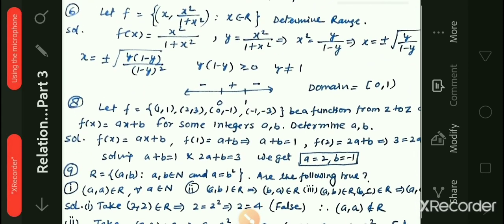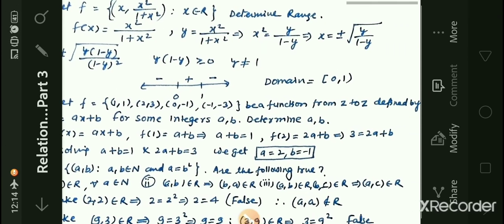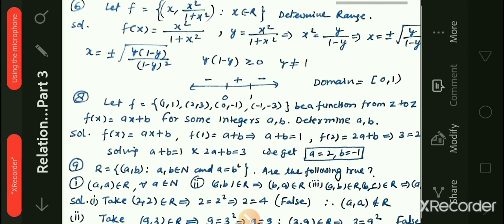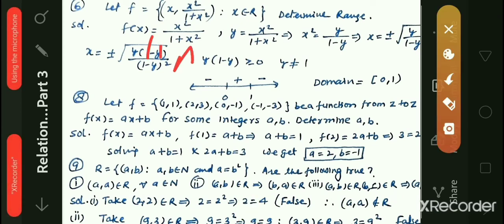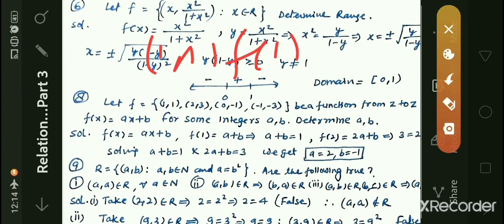Now move to question number 8. Here f is equal to {(1,1), (2,3), (0,-1), (-1,-3)}. We have a function from Z to Z defined by f(x) = ax + b for some integers a, b. Determine a and b. As you know, (1,1) means f(1) will be 1.